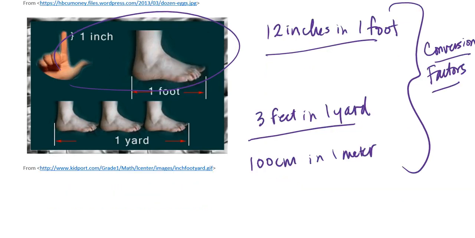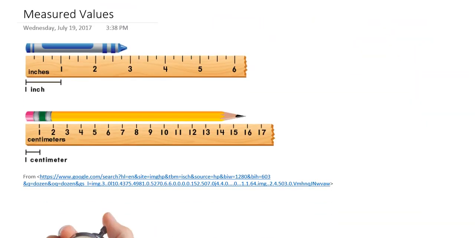All right, so for example, we have measured values. If I wanted to measure the length of this crayon, if I had to take a stab at it right now, I'd say possibly about 2.85 inches, maybe. And if I had to measure the length of the pencil in the picture, then maybe I'd say 15.9 centimeters.